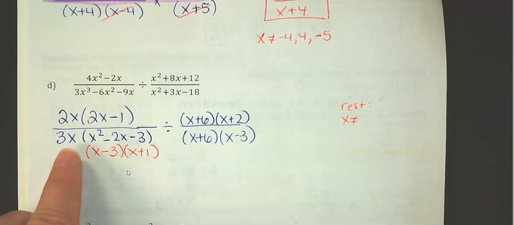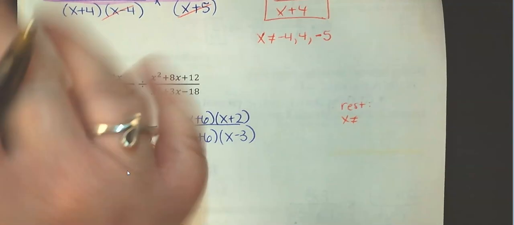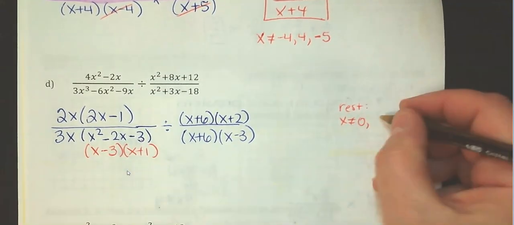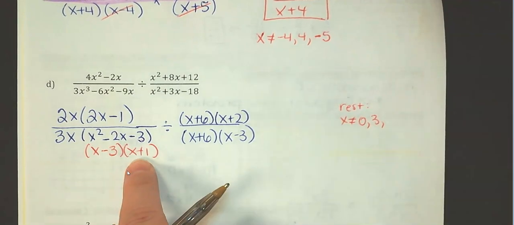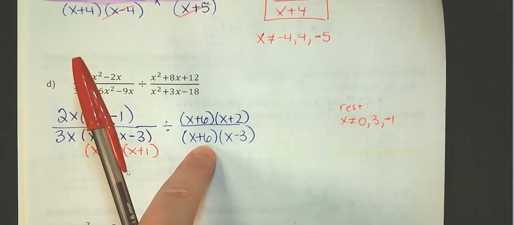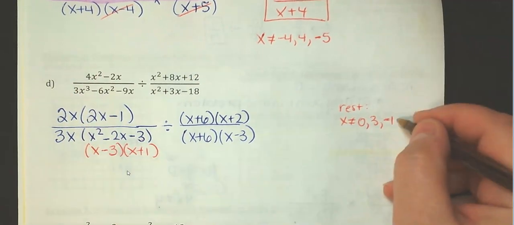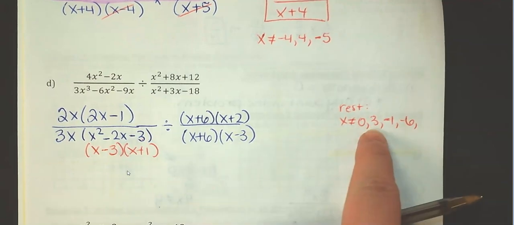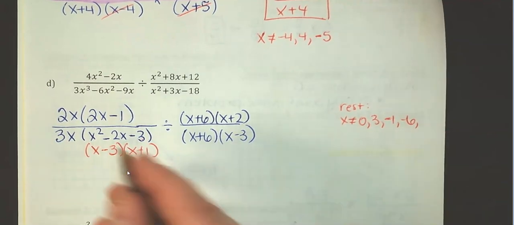Okay, don't put the number. People do that all the time. 3 times 0 would make that 0. Okay, now, next to that, I had minus 3, so plus 3 would be the restriction. Then I had a plus 1, so negative 1 would be the restriction. In this fraction, I got x plus 6, so negative 6 is going to be a problem. And x minus 3, I've already written 3, so I don't need to write it again.